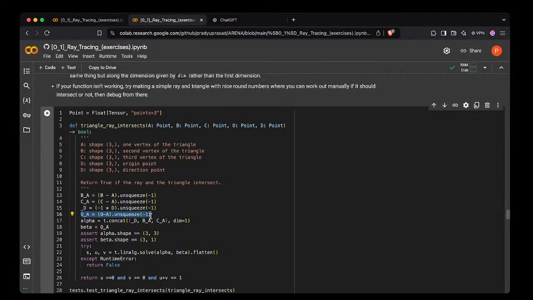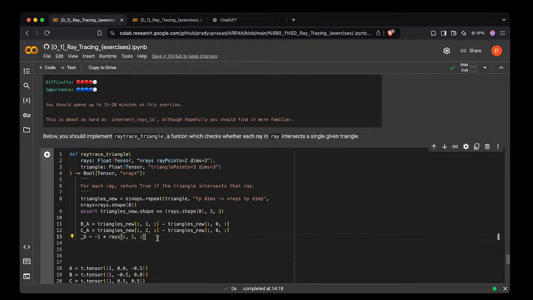OA is equal to, what is my O? O is rays colon 0 colon, right? And my A is triangles new colon 0.